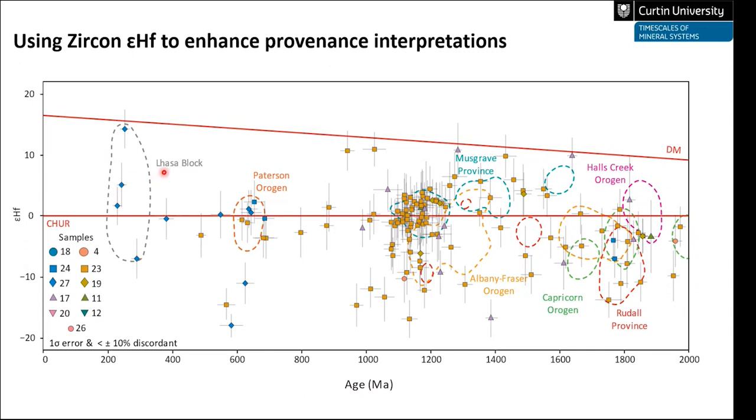The Lhasa block was an east-west trending terrain that is now incorporated into the Himalayas, but during the Mesozoic was actually just offboard from the West Australian Craton. Recent work has shown that there was sufficient detritus flow between the two terrains to exchange material. So this detrital dataset is providing further evidence for a proximal Lhasa terrain where flow occurred between the two blocks during this time.